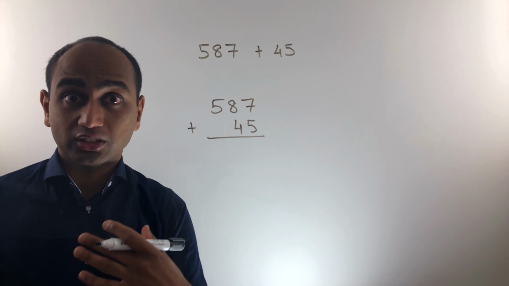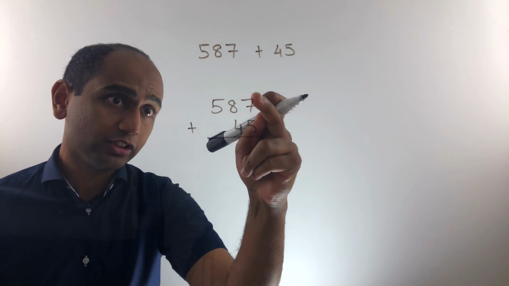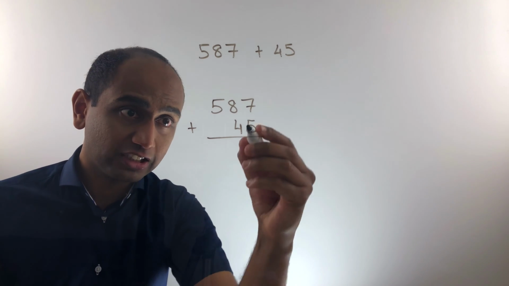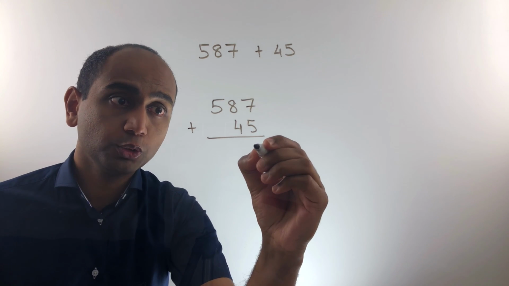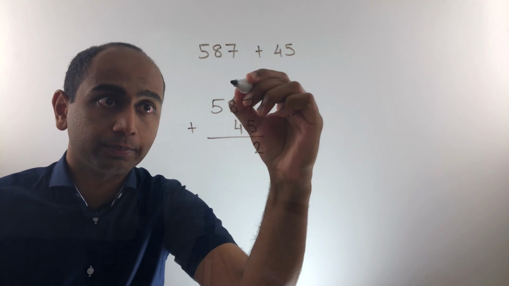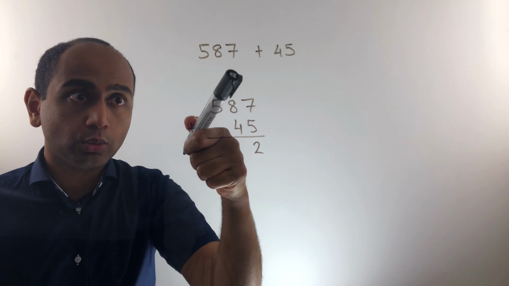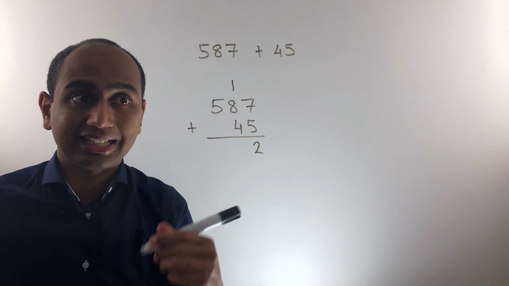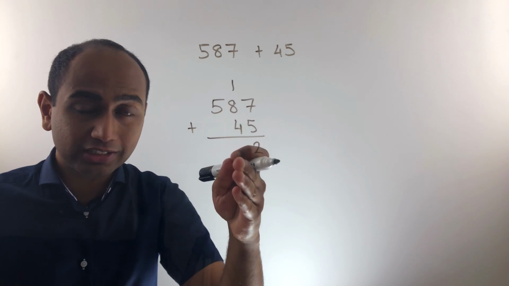Here we've got 587 plus 45. Now in this case we're going to have to exchange again, because 7 plus 5 is 12. That 12 can't fit in the units column, so we've got to put 2 units in there, and the remaining 10 units gets exchanged for 1 ten. So we carry a 1 over to there. 1 plus 8 plus 4 is 13. So we've got 13 tens.